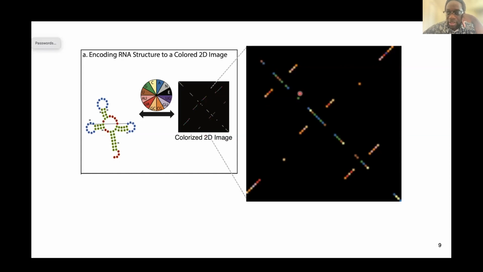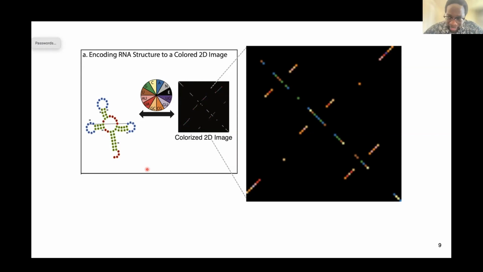In this image, the diagonal elements contain unpaired nucleotides, and the color is given using this palette we have here. The off-diagonal elements correspond to base pairs, and the identity of each base pair is linked to a specific color.